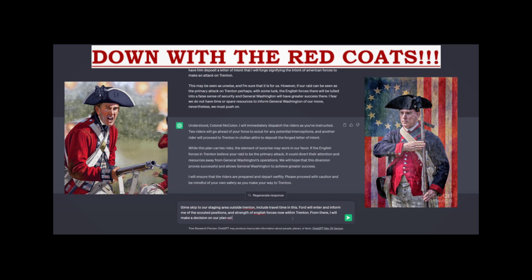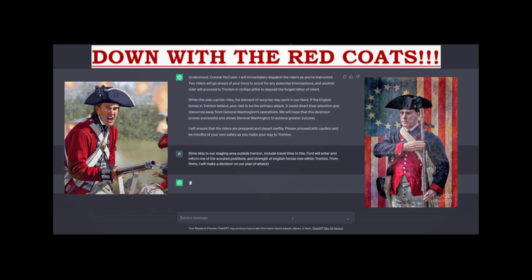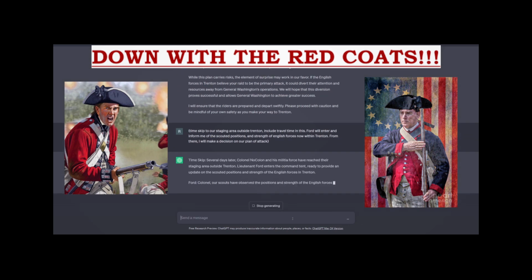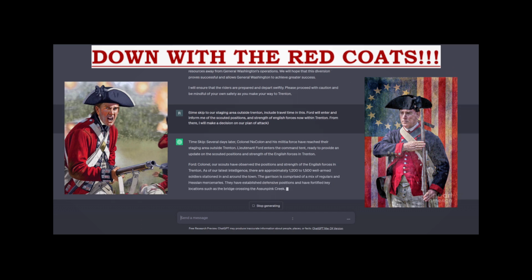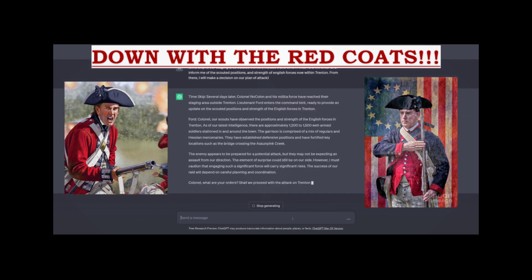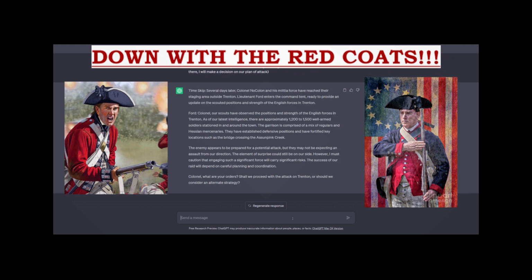Several days later, Colonel Mulcullen and his militia force have reached their staging area outside Trenton. Ford enters the command tent, ready to provide an update on the scouted positions and strength of the English forces in town. Our scouts have observed the position and strength of English forces in Trenton. As of our latest intelligence, there are approximately 1,200 to 1,500 well-armed soldiers stationed in and around the town. The garrison is comprised of a mix of regulars and Hessian mercenaries.